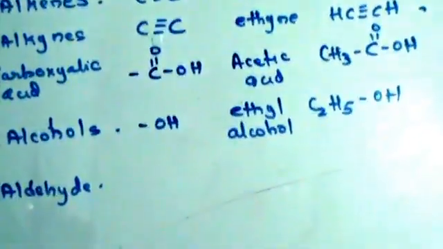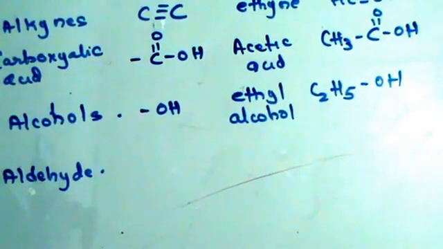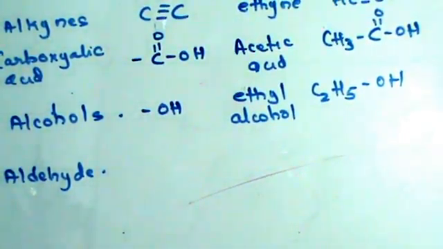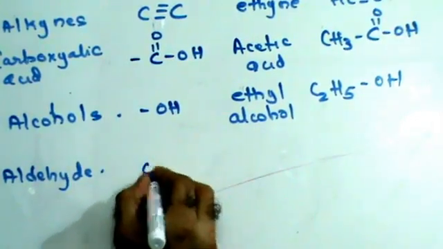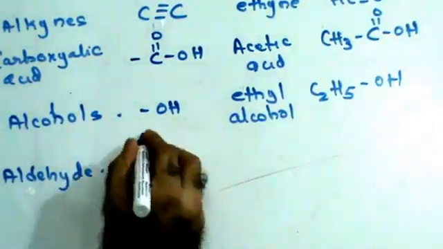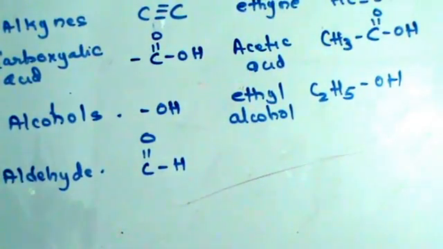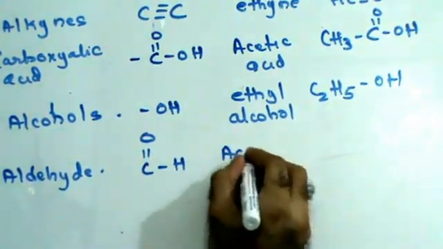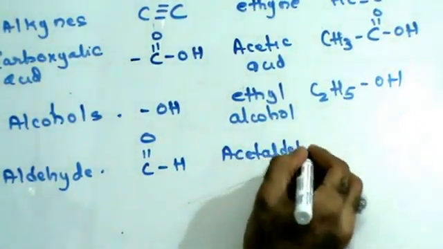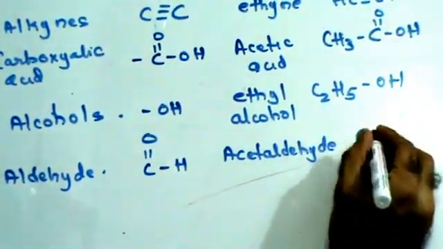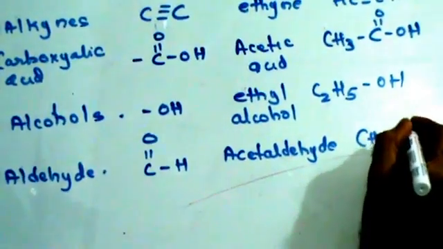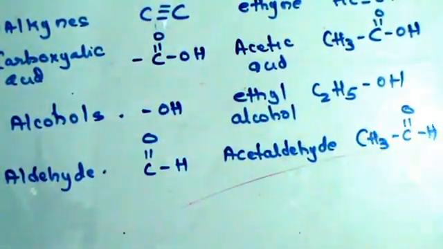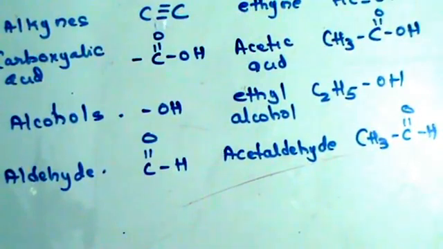Right? The next functional group that you have is aldehyde. So you have to know that COOH is known as carboxylic acid, OH is called alcohol, aldehyde is CHO. That is what aldehyde is. Now, in this case, you can have acetaldehyde. Acetaldehyde is CH3CHO. Right? Do we get this thing here?